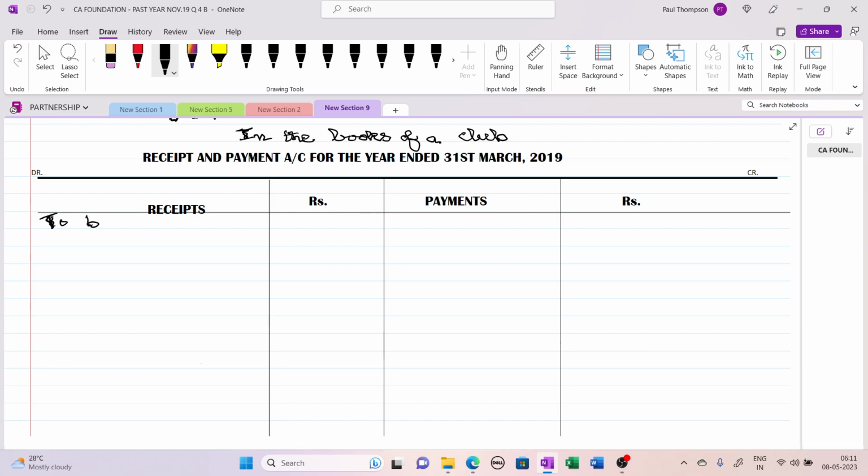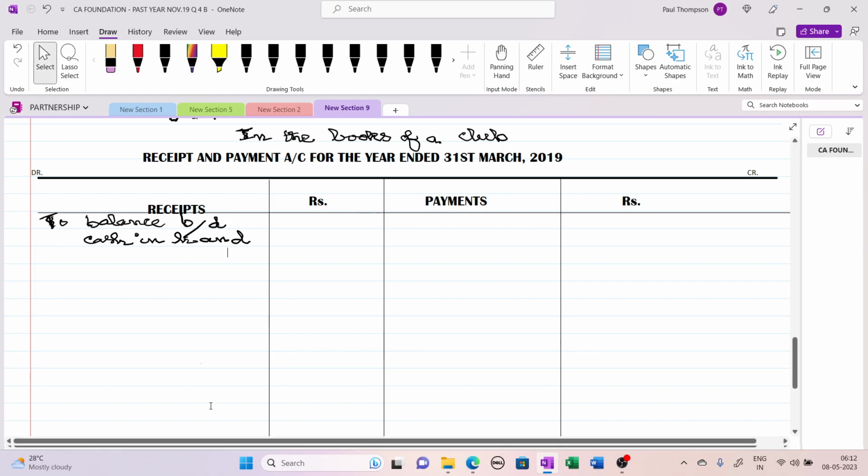So write always the balance brought down, cash in hand. In this question, there is no cash at bank, so I am writing only cash in hand and ends with the closing balance of cash in hand and cash at bank.